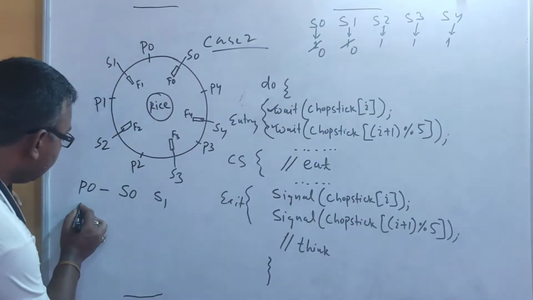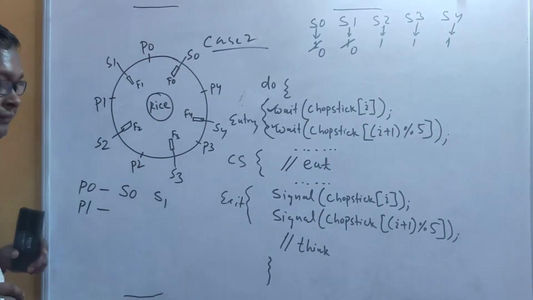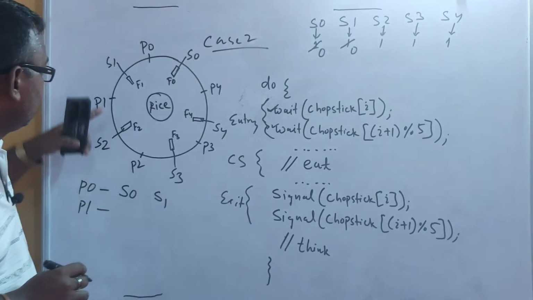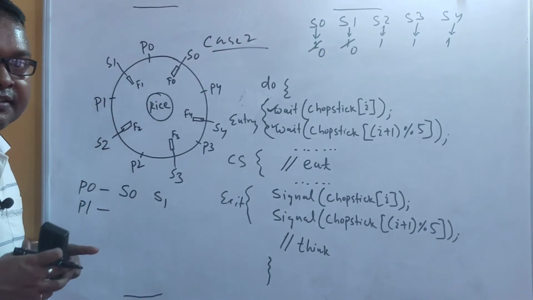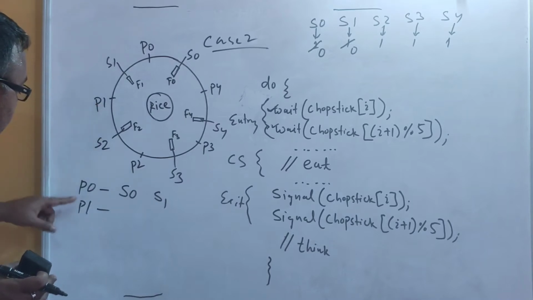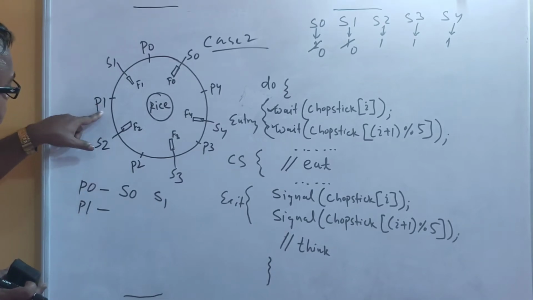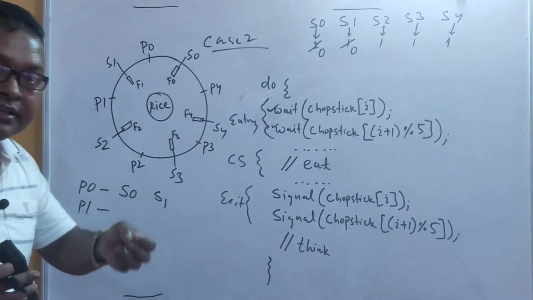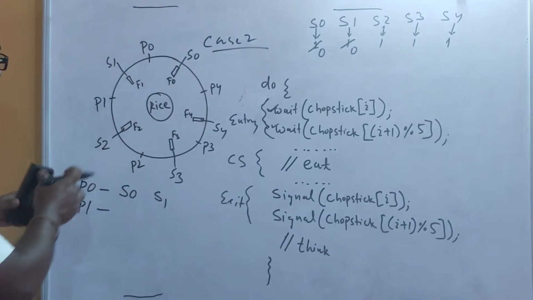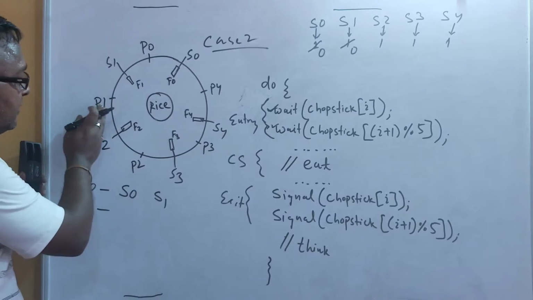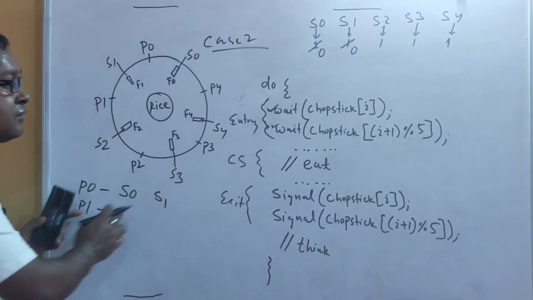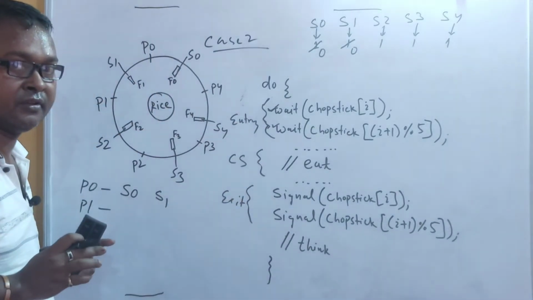So right now P1 wants to enter. Now P1 wants to enter to eat the rice, right? He comes and sits at his table, wants to access the fork, and needs to execute this particular code right now.